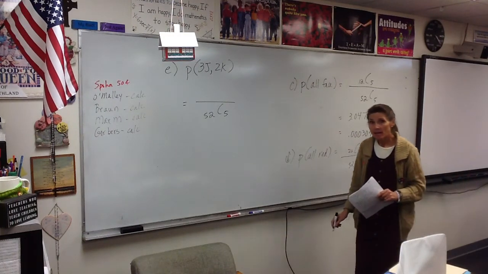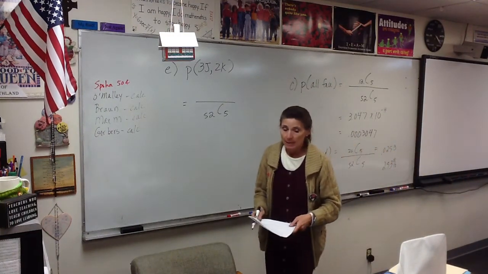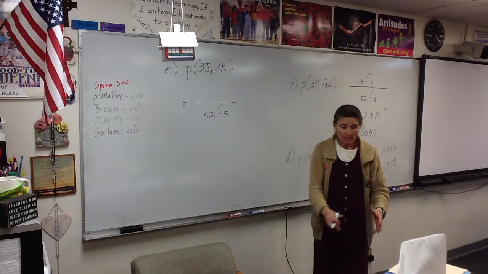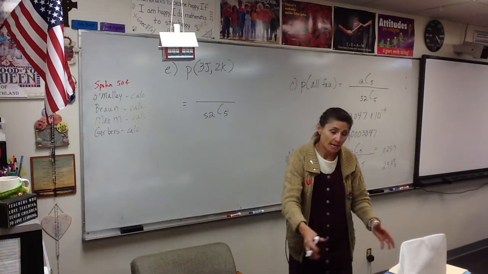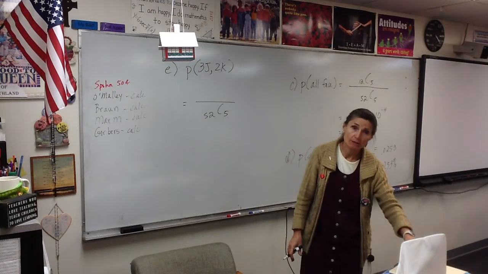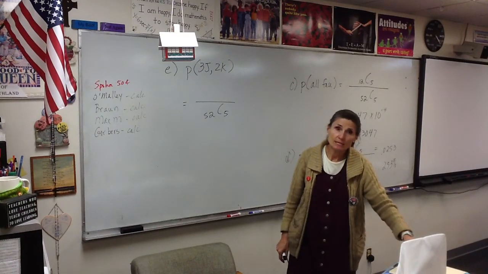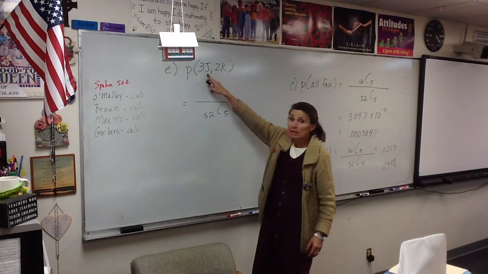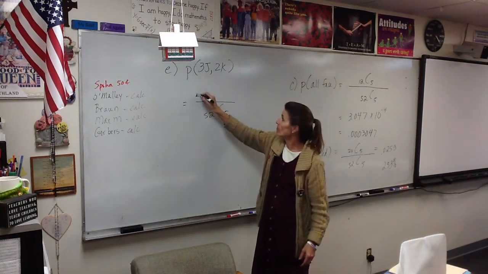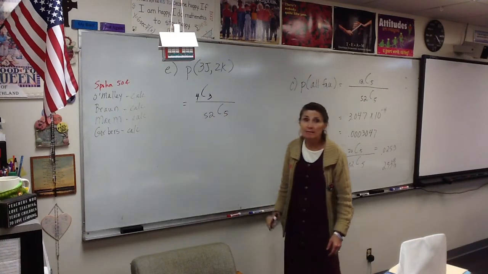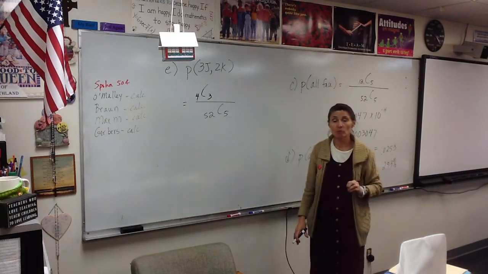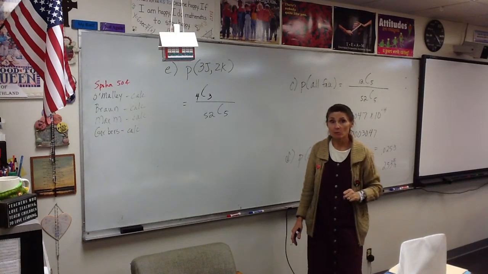But now in my numerator, I want to get 3 jacks. So I'm going to split my deck up into those piles again, and I'm going to put all the jacks right here. How many jacks are there in the deck? 4. So I want to pick 3 jacks from 4. So 4C3. There are 4 jacks in the pile. I need to pick 3 of them. 4C3.